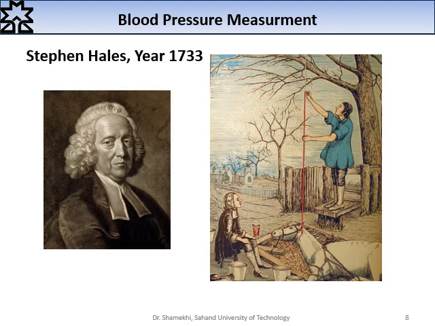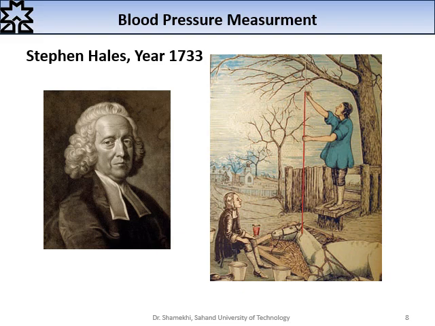The year 1733 was the most important year in the world of blood pressure measurement. In that year, Stephen Hales and his assistant, using a simple reed inserted into a vessel in the neck of a horse, measured the blood pressure inside the cardiovascular system of this horse.